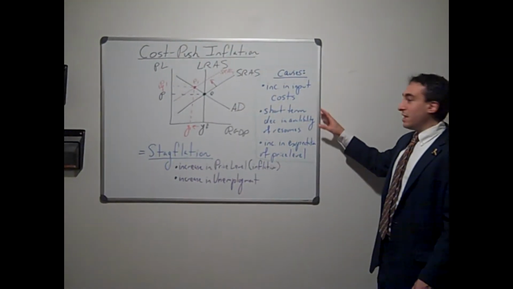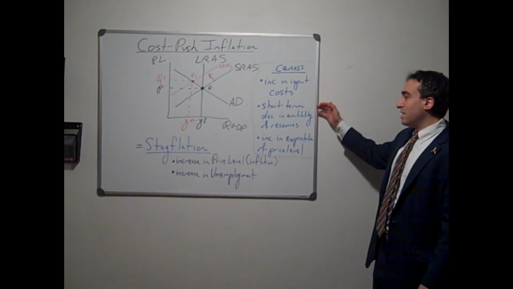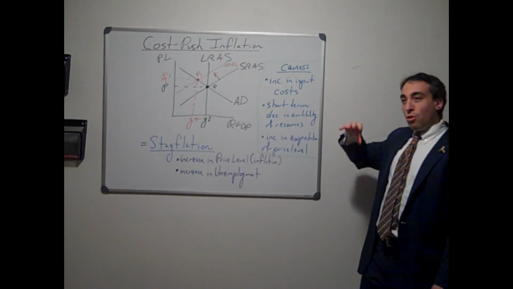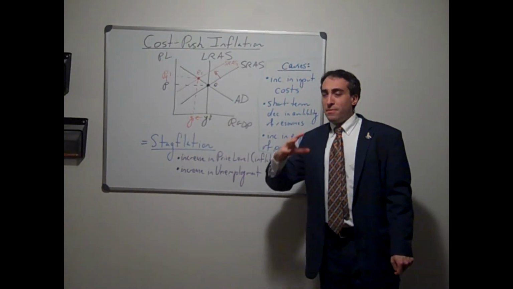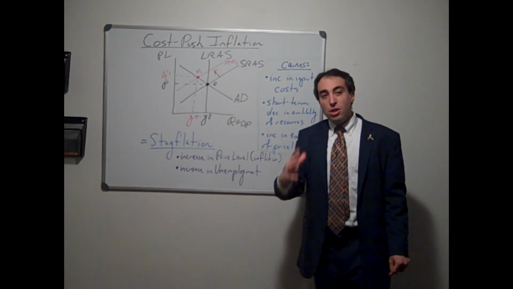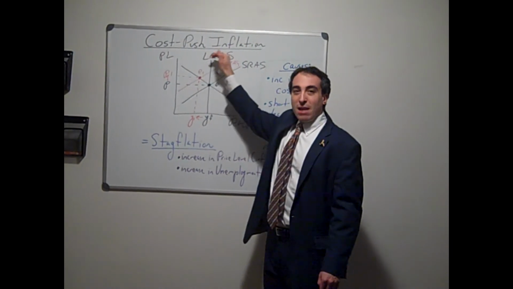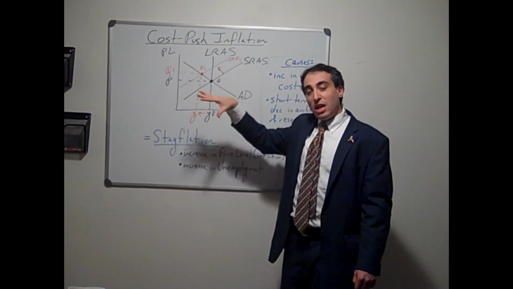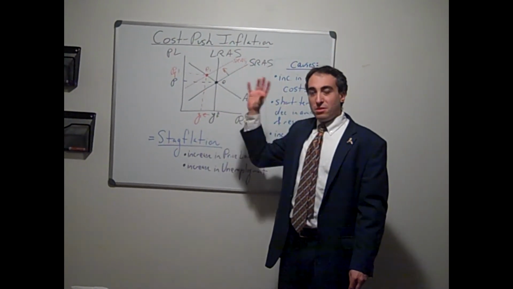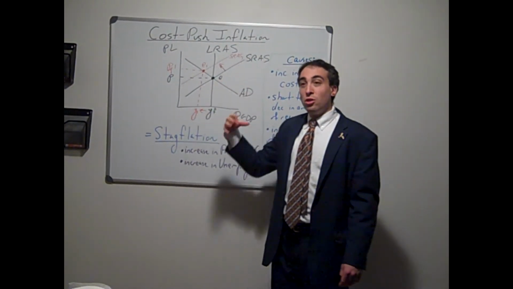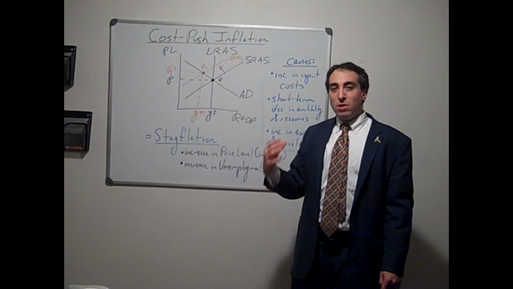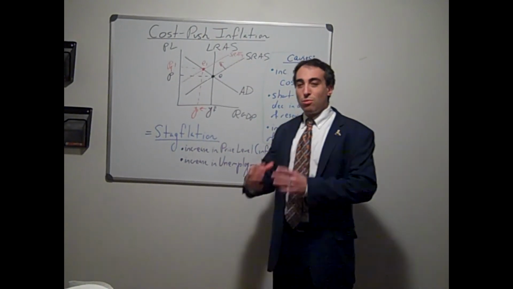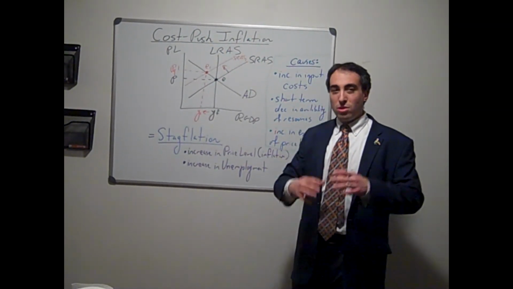The other cause is a short-term decrease in availability of resources, and I stress short-term because remember, in all three of these exogenous shocks, notice how long-run aggregate supply stayed the same. There has been no change in any of the three exogenous shocks to the long-term ability and willingness of a nation to produce, to the long-term quality and quantity of resources or technology.